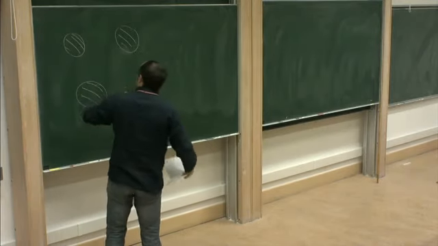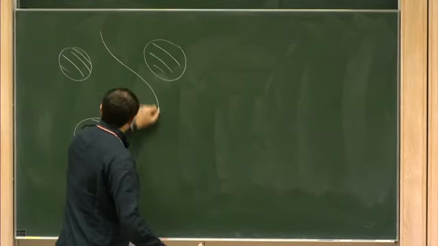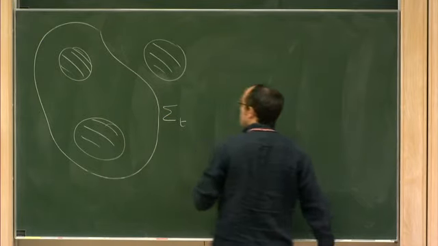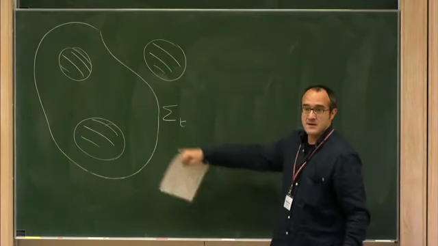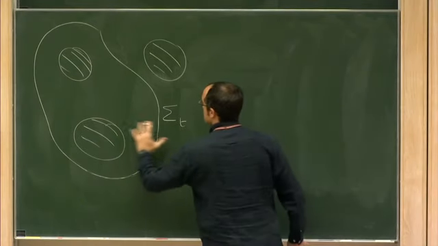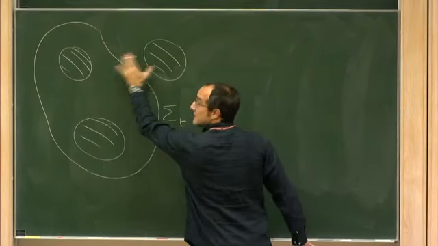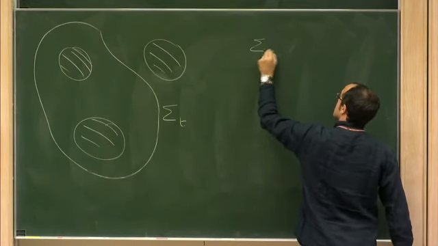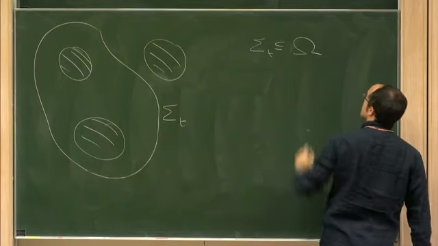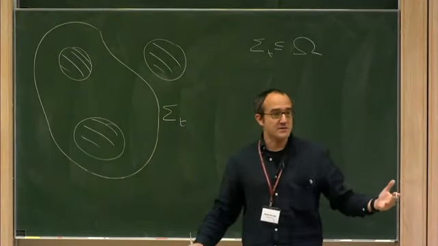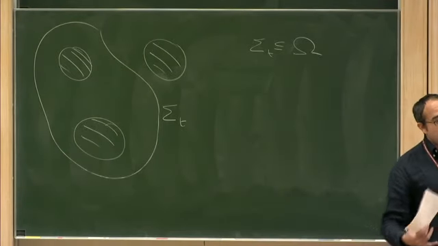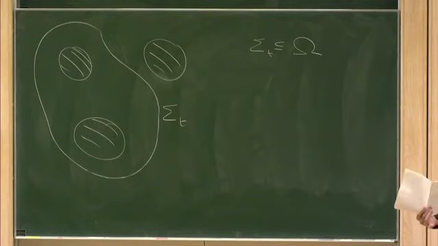And one looks at an interface, sigma t, where t is time, which has to be contained, so essentially cannot enter the obstacles. So if there is a constraint of this type, sigma t is contained in a subset, which is the complementary set of the obstacles, and sigma t flows following the gradient flow for some geometric functional.